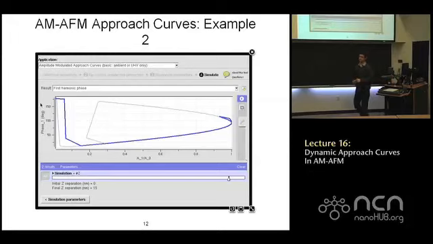When we're in the attractive regime on approach, the phase lag will actually increase above 90. When we start tapping on the sample in the repulsive regime, the phase will be below 90. That can be your test to experimentally determine which regime of oscillation you're in, since we don't measure the interaction forces directly. Okay.